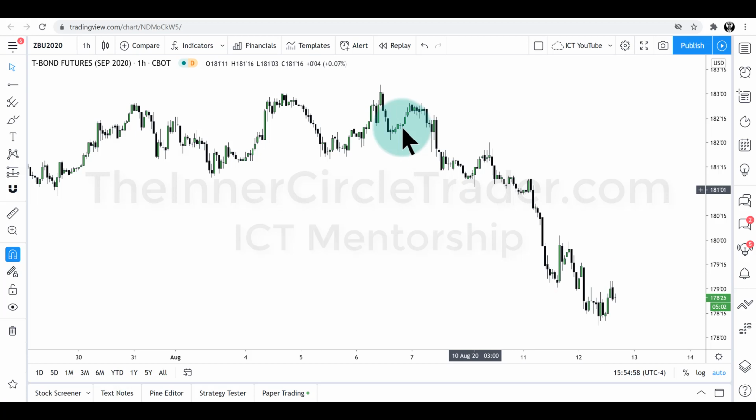Okay, so when bonds drop like this, that's actually a precursor that will lead to a buying scenario on the dollar, or it generally tends to do that. So why is that happening? Because if the bonds are declining, that means there's an increase in the yield.